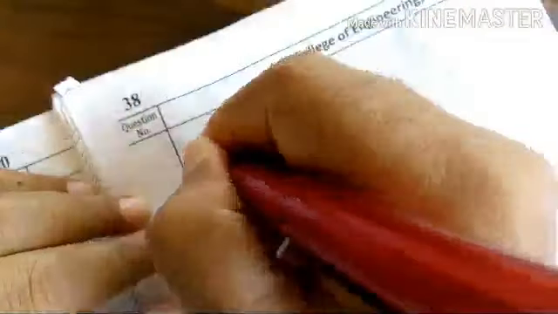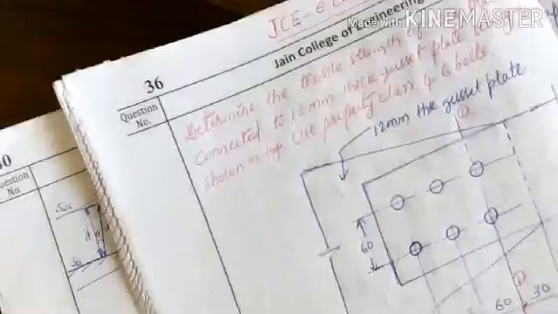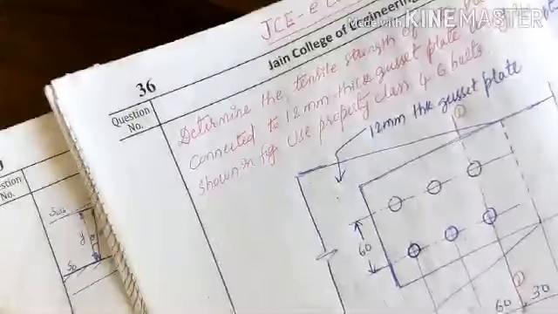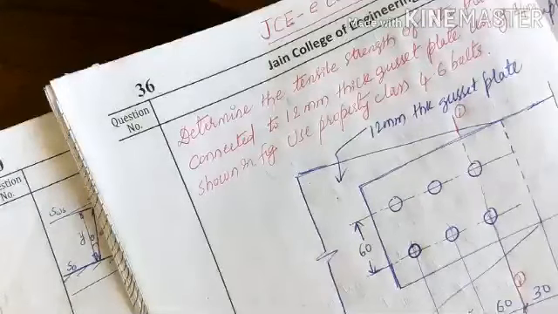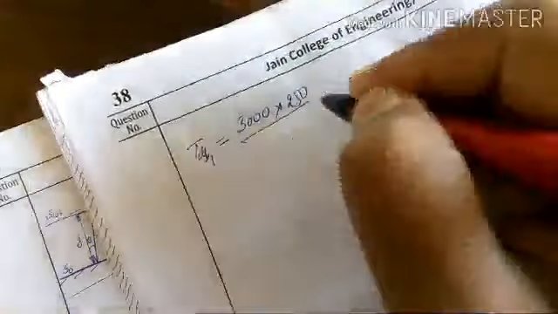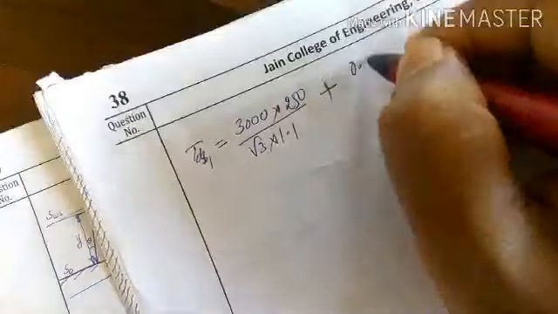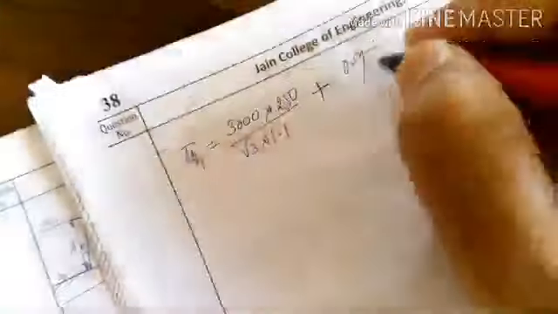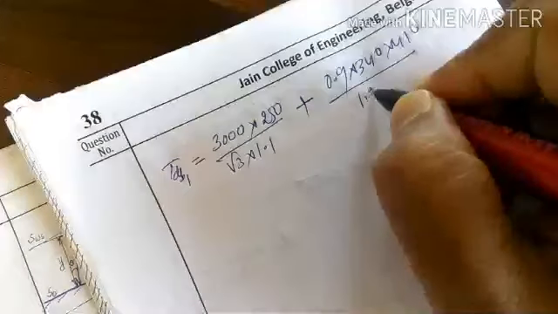I'll substitute the values in TDB1. AVZ is 3000 into 250 divided by root 3 into 1.1, plus 0.9 into ATN, 340 into 410, divided by 1.25.